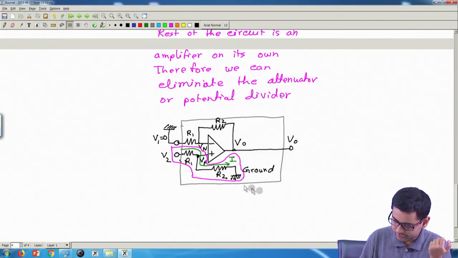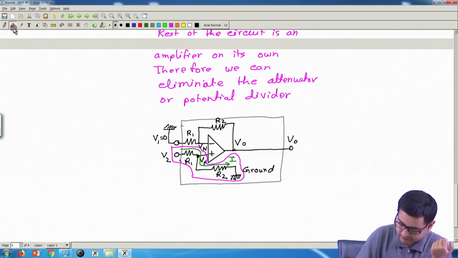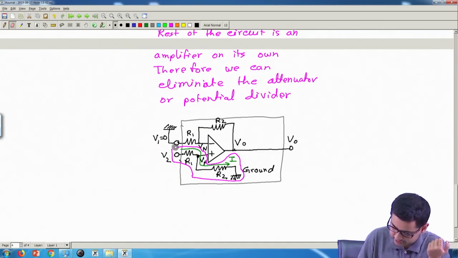Now I will simply remove this part and connect the input directly to Vp.